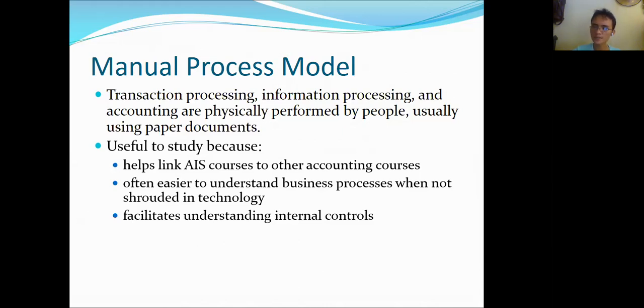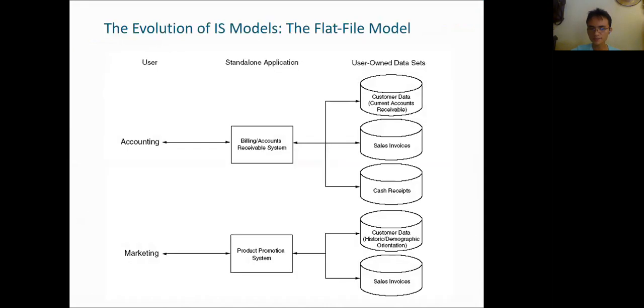Then it's easier to understand because it's not immersed in or really connected with technology. This also helps us understand internal controls, meaning internal controls are the processes, steps, procedures that would ensure that our operations are effective and efficient.